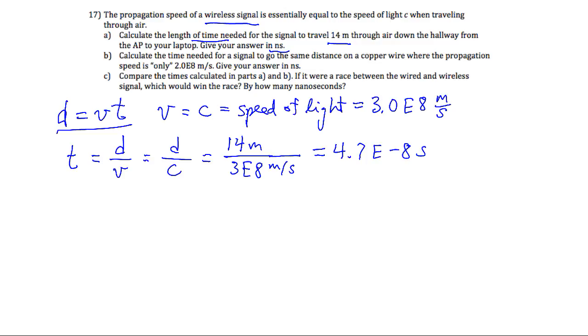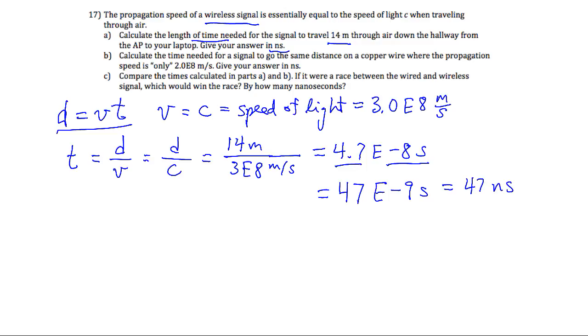Here we have 4.7 times 10 to the minus 8th, and 10 to the minus 9th is a smaller unit. So if I'm going to a smaller unit, I better go to a larger number by the same number of places, and it's going to be 47 times 10 to the minus 9th seconds, or 47 nanoseconds.